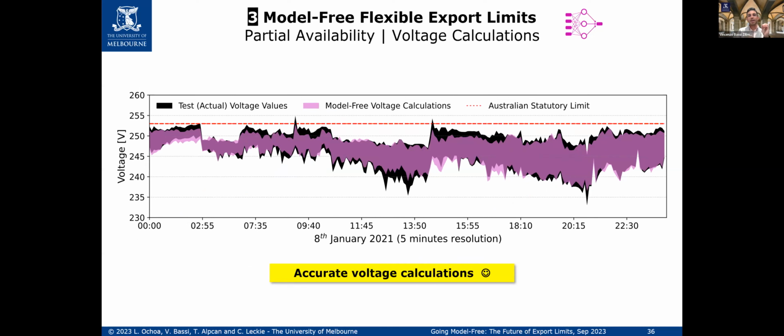In the first one, we are capturing that we are close to the voltage statutory limit, whereas in the right point, we are underestimating it. So the neural network is going to see that there is voltage headroom at this point, where there actually isn't. And this is going to depend, of course, on the location and the behavior of those customers that we are not seeing. But again, we can see that we obtain accurate voltage calculation.